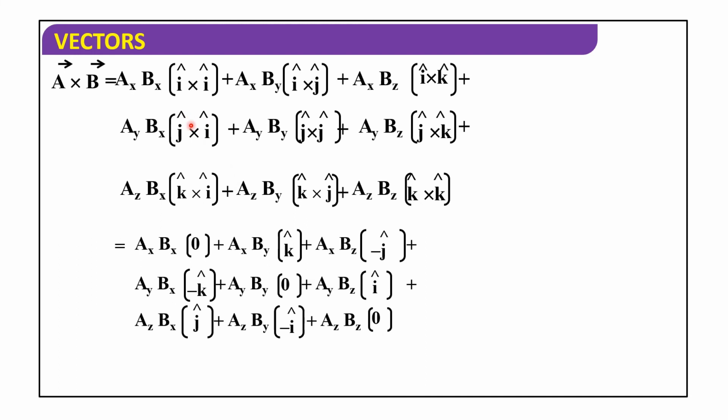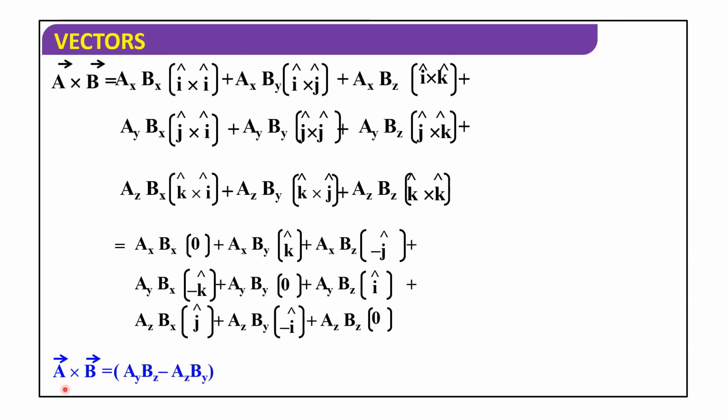Here we are substituting all the values of i cap cross i cap, i cap cross j cap, i cap cross k cap, j cap cross i cap, j cap cross j cap, j cap cross k cap, k cap cross i cap, k cap cross j cap, and k cap cross k cap.